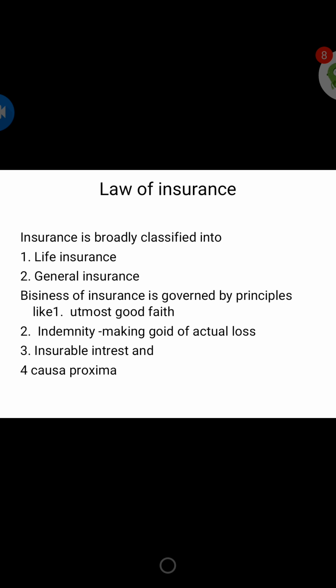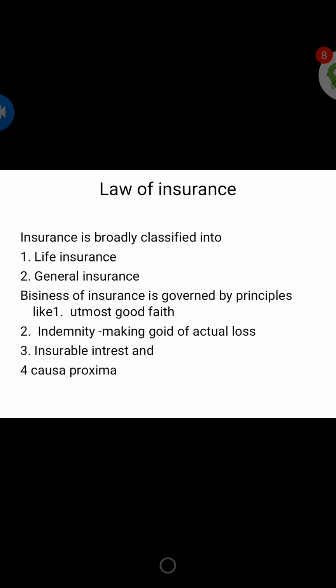The business of insurance is governed by some principles. What are the principles of insurance? One is utmost good faith. What is good faith? When a person is honest, you have faith in him, right?